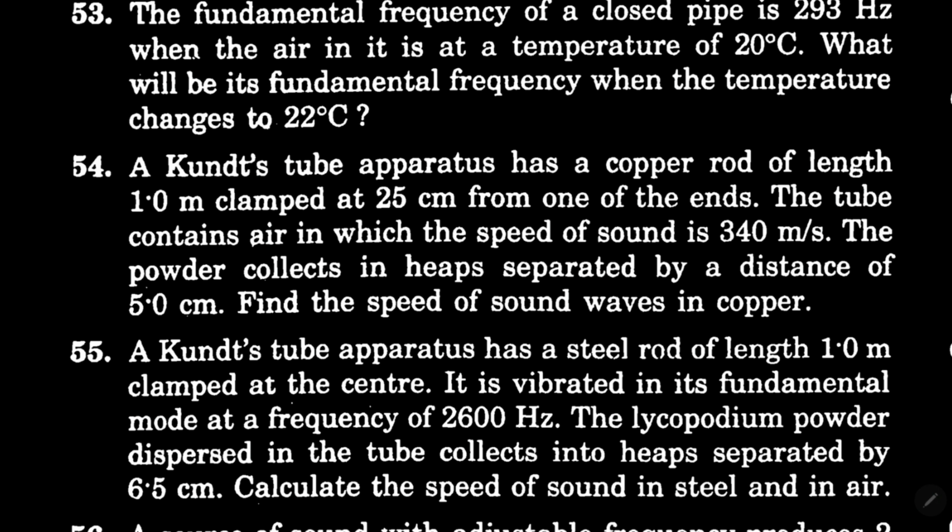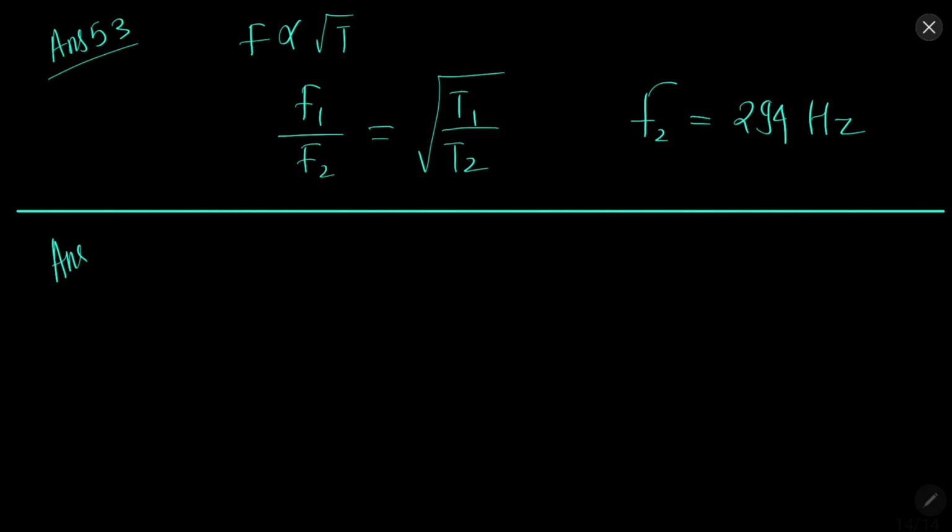In question 54, we have a tube apparatus. The powder collects in heaps. We need to find the speed of sound wave in copper. Solution 54. So velocity in rod is unknown. Velocity in air is 340 meters per second.